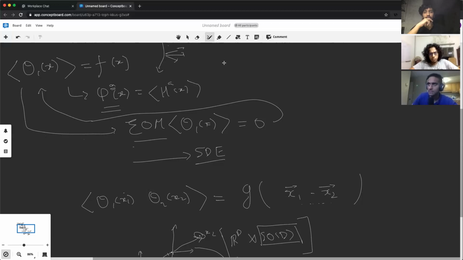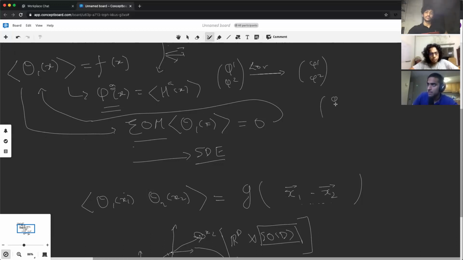Whenever I write multi-component fields, if I have phi1 and phi2, then under a Lorentz transformation, these are scalars, so nothing happens to them.